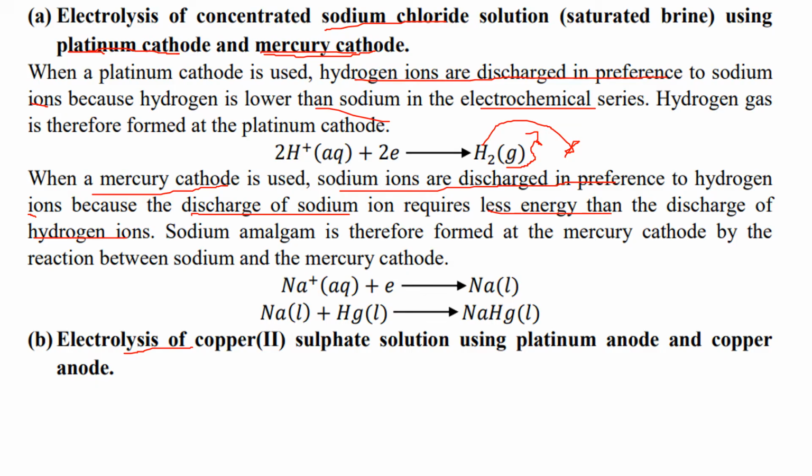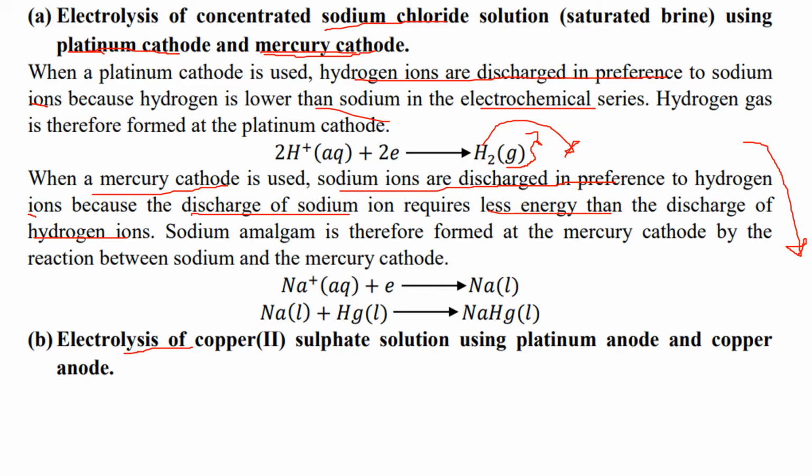So in case the position of the ion in the electrochemical series does not apply, you explain in terms of energy, that this ion is being discharged in preference to the other because its discharge requires less energy as compared to the other ion which you are comparing it with.